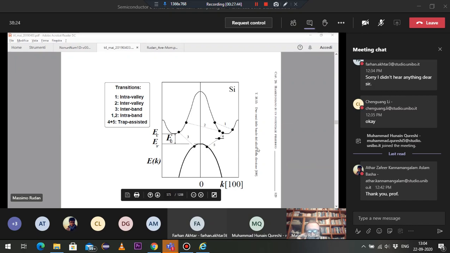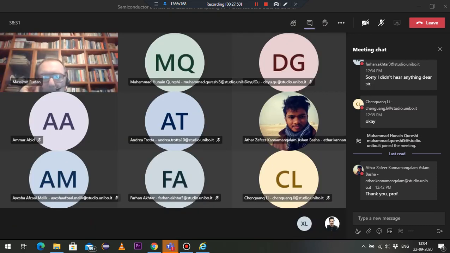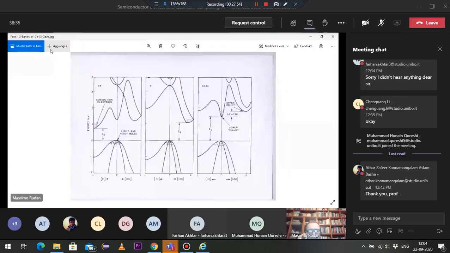Let me change the screen. This picture is taken from the reference book that was listed in the list of references, the book by Sze, spelled S-Z-E.